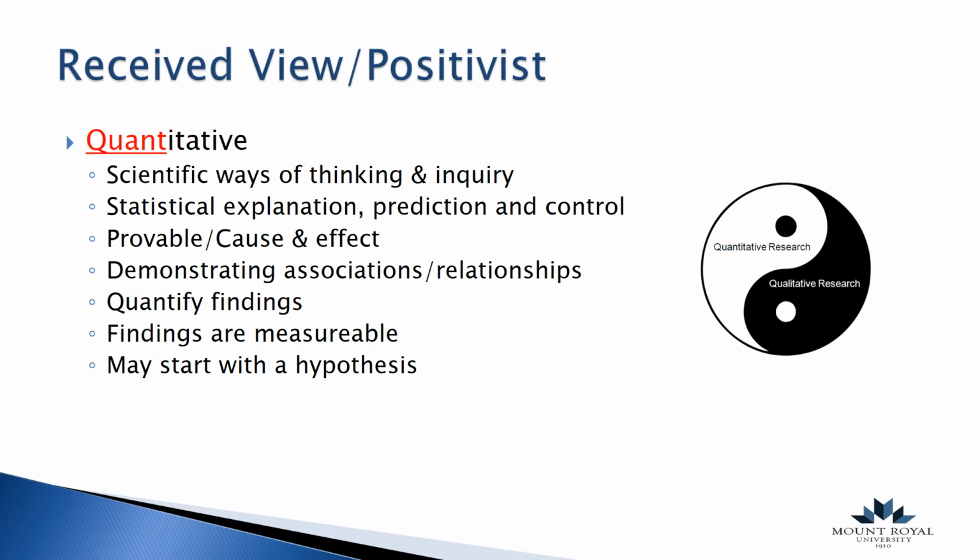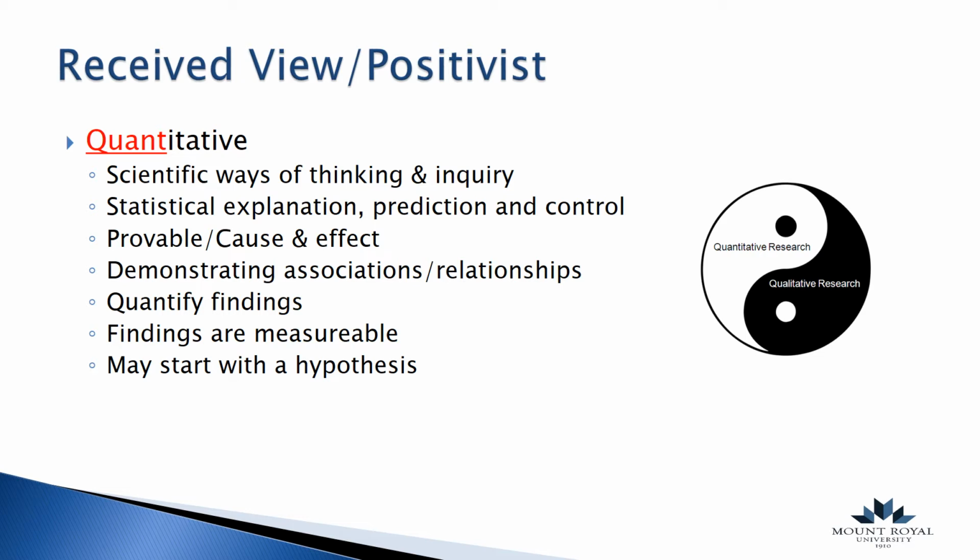So let's look a little bit more at the received view, the positivistic view, or the quantitative domain. Some of the values, beliefs, or principles under quantitative research is it uses a scientific method.